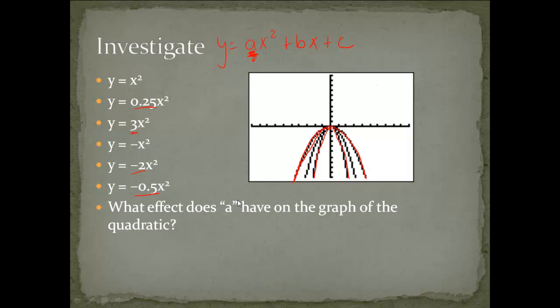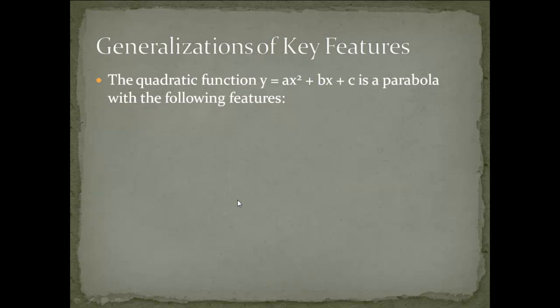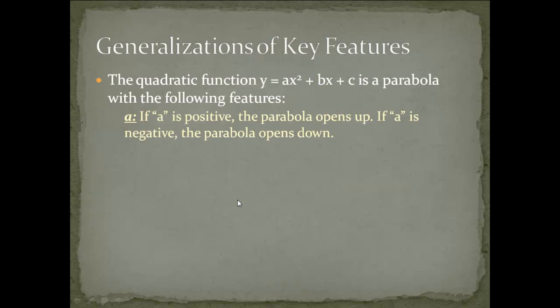So think about that for just a second. Hopefully, what you noticed was that if a is positive, the parabola opens upward. And when we had a turn into the negative, our parabola flipped upside down and opened downward.